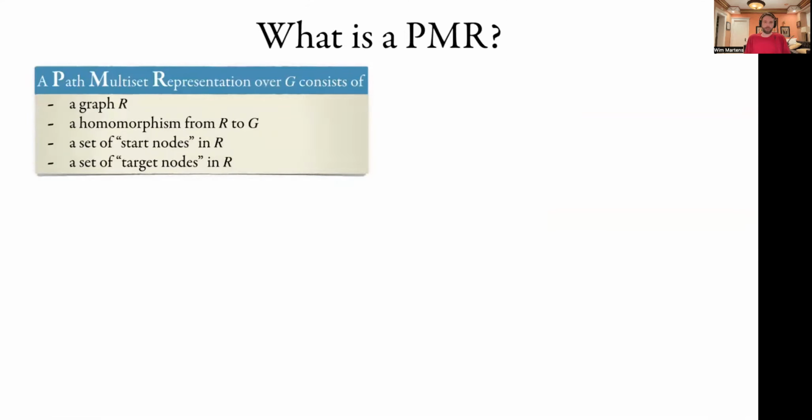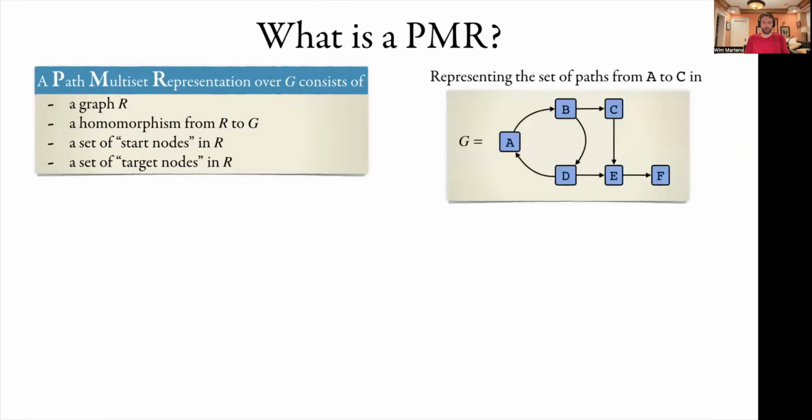So what's a path multiset representation? Well, it has 4 components. First of all, a path multiset representation of a number of paths in a graph G consists of a graph R, which is the representation, and then a homomorphism that maps things in R to things in G. Yeah, and you have a set of start nodes and a set of target nodes.